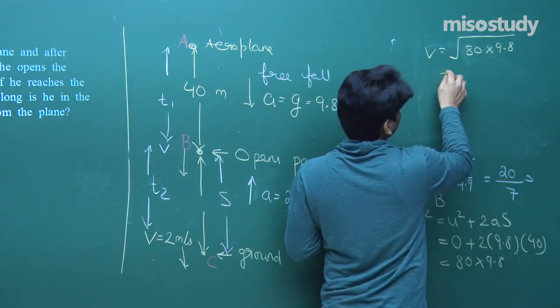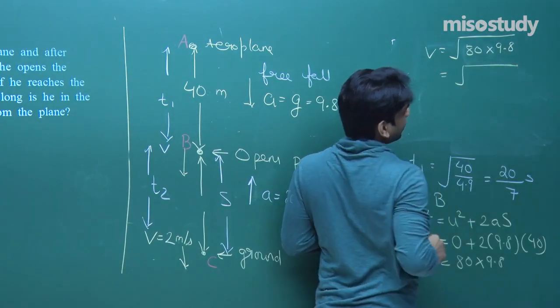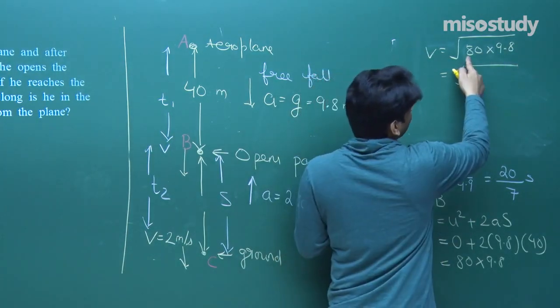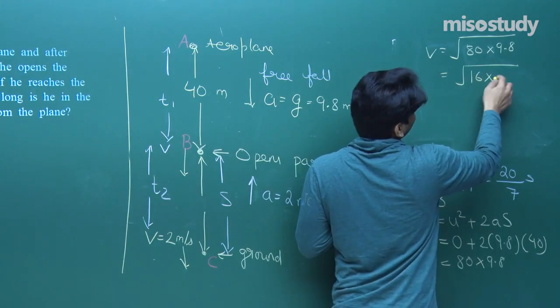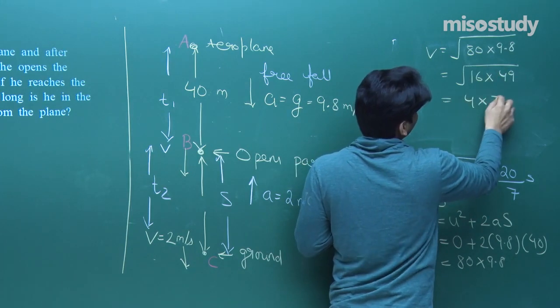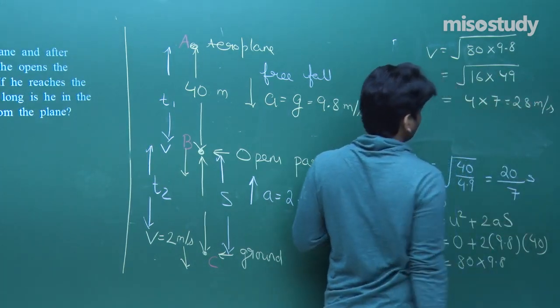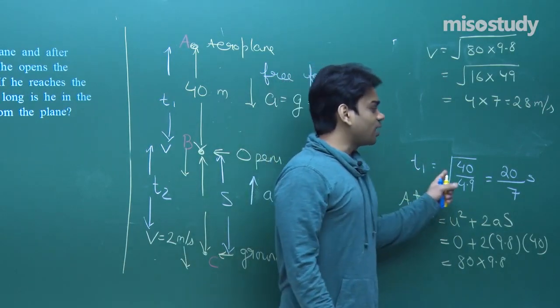Take 0 here, 98 times 8. You can write this as 16 into 49, not a problem. So this will be 4 into 7, that is 28 meter per second. We have simplified this. So we got the value of velocity, we got this value of time t1.